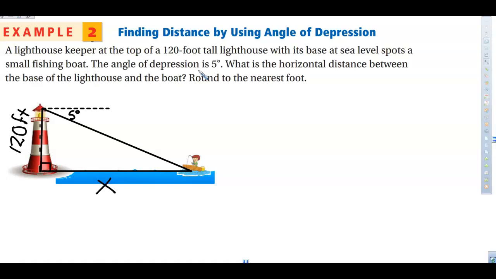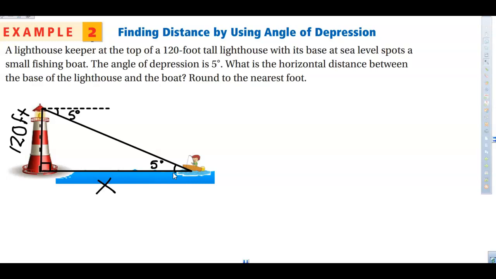Now, remember angles of elevation and depression are congruent. So I know that this angle and this angle are congruent, so this is 5 degrees. The biggest thing that people usually mess up here is putting that 5 degrees in the wrong spot. So anytime you have a word problem with an angle of depression, I want you to change it in your head to an angle of elevation.